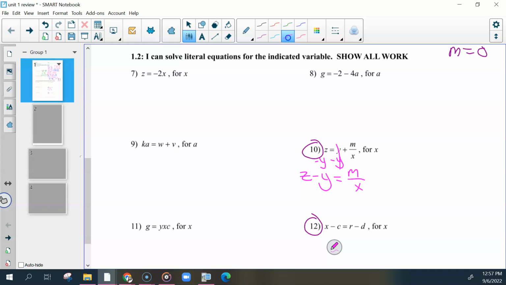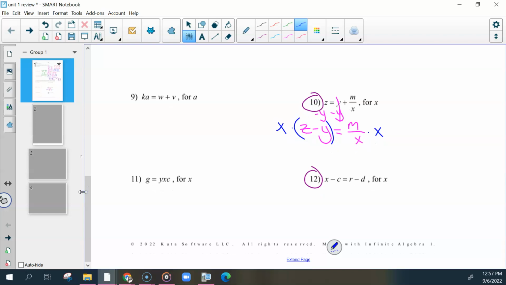Here we're going to multiply both sides by x. But when I do that on this side, I'm going to put this in parentheses because I don't want to actually multiply it to them individually, because then I have 2 x's and then I got to worry about separating them. So these x's cancel. I have x and then in parentheses z minus y and m.